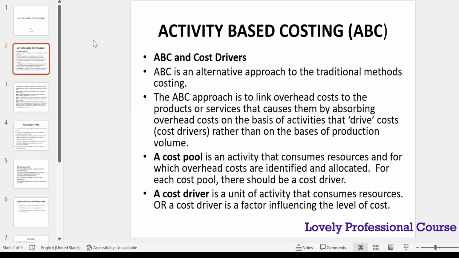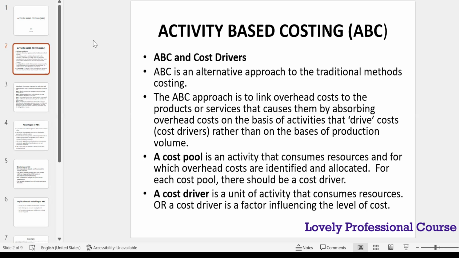The ABC approach links overheads to the product or service that causes them, by absorbing overheads on the basis of activities that drive cost, or cost drivers, rather than on the basis of production volume.